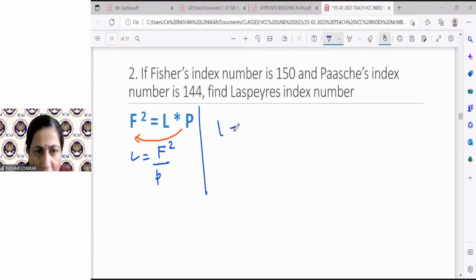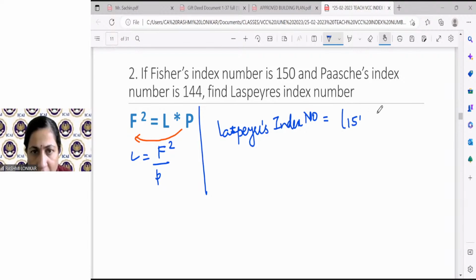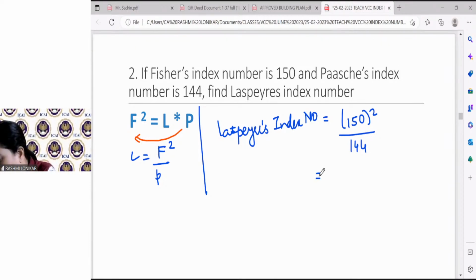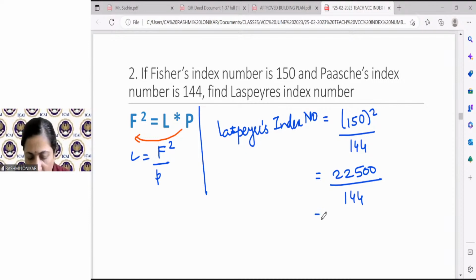Laspeyres' index number is equal to what? F square, that is 150 square, upon Paasche. Paasche is 144. So 150 into 150 is 22500 upon 144. 22500 divided by 144 is how much?